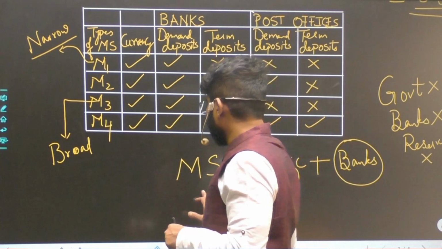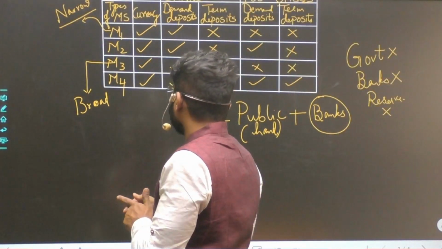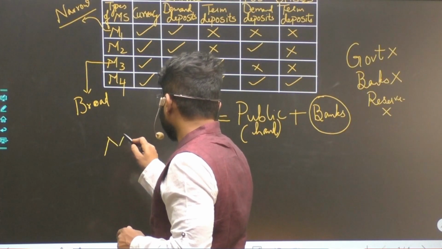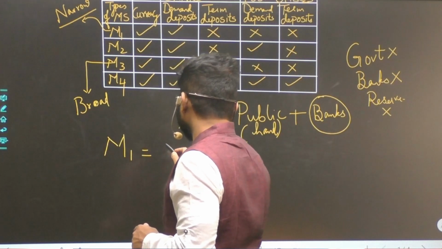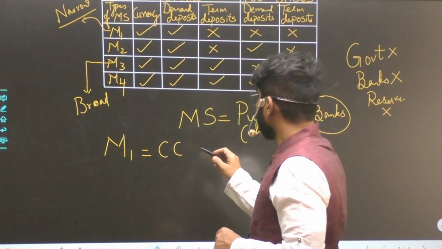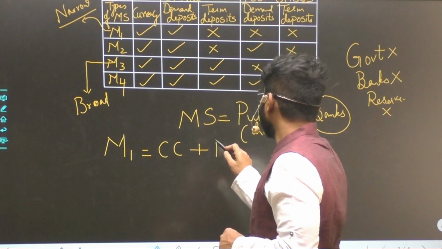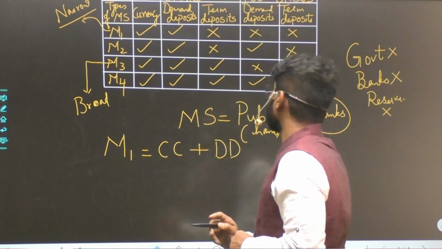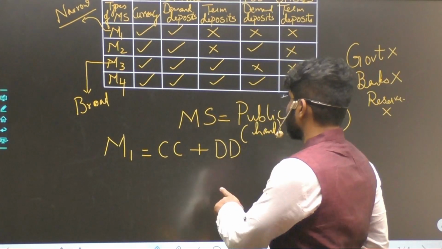So if we try to understand here, M1 will include currency in hand by the public plus demand deposits of the banking system. I've written it here: demand deposits of the banking system.